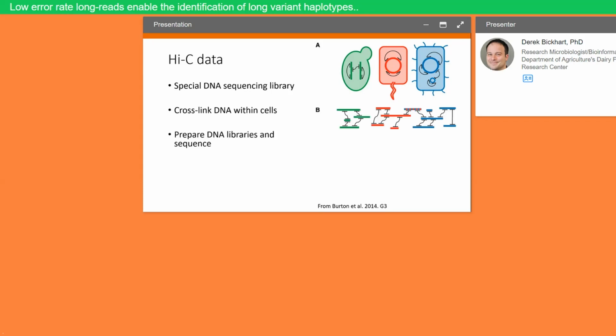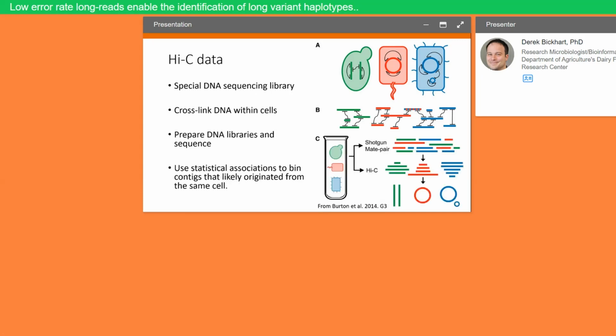After you cross-link and shear the genome, you can create sequencing libraries that preserve this long-range interaction and generate a data set for you to use downstream. Using the statistical association of those junctions, you can actually take contigs and associate them with the DNA that was predicted to be in the same cell at the time of cross-linking, thereby binning contigs into genomes.